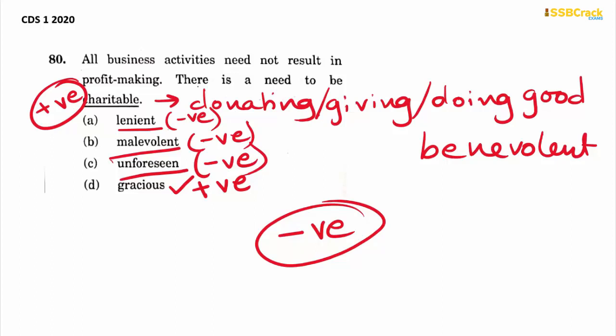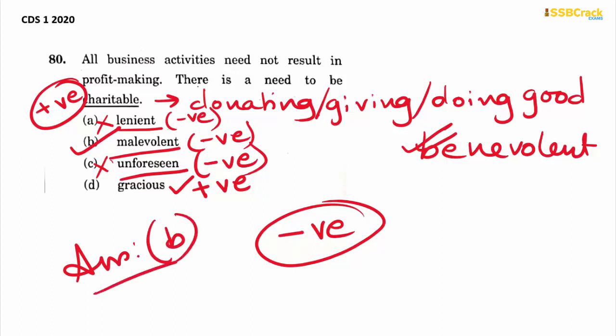Which negative word do you think can be a suitable antonym to the word charitable? Not lenient, not unforeseen, but malevolent, because one of the synonyms of charitable is benevolent and the opposite of benevolent is malevolent. So your answer here is option B. Malevolent is the antonym of charitable.